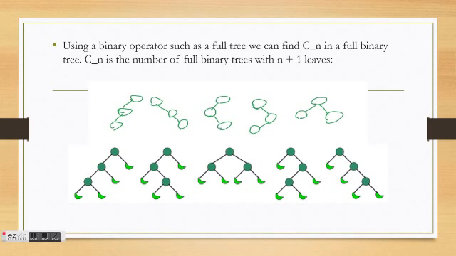For the first one, we add 2 to the bottommost node, then on the parent we add one more to make it full, and at the very root we add one to make it full as well, and we end up with four leaves. That's n plus 1: 3 plus 1, we get 4 leaves.